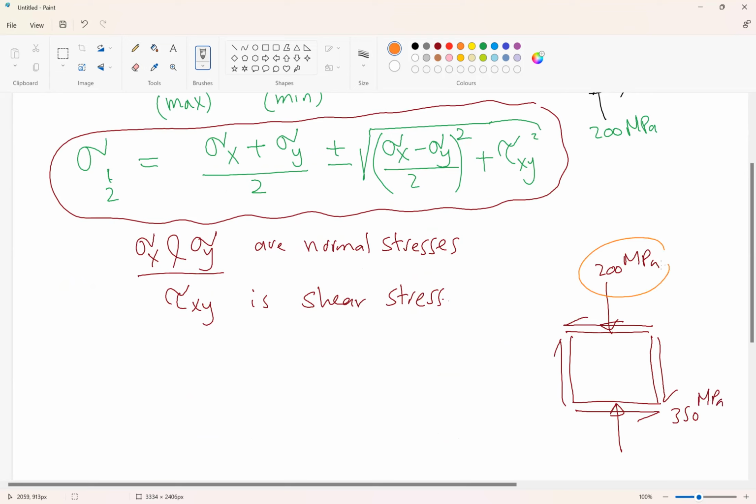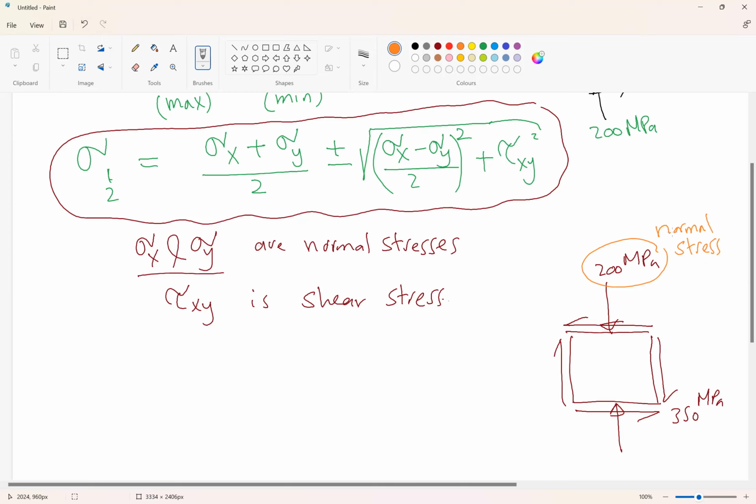This stress is normal to the element, so it is normal stress, because it is normal to the element sides.